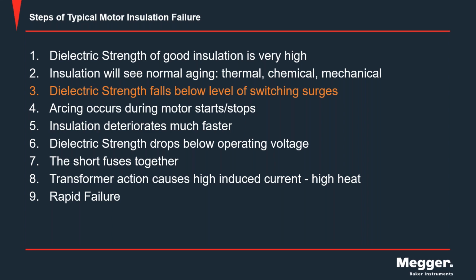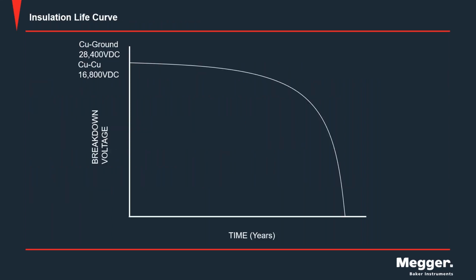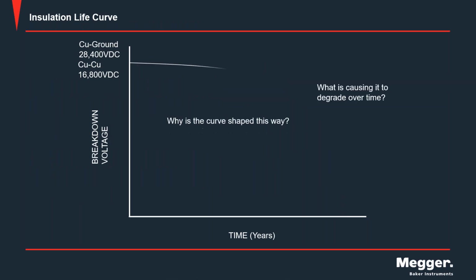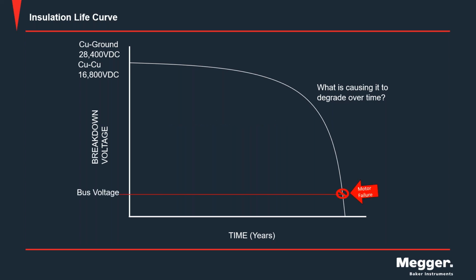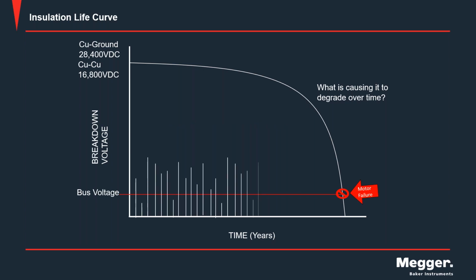So let's relate that to our life curve. Here we have our life curve. Our dielectric strength starts out very strong. We put it to use. It sees that chemical, mechanical, and thermal degradation of the insulation. There's our bus voltage. And here, this represents our switching surges, however high they go.